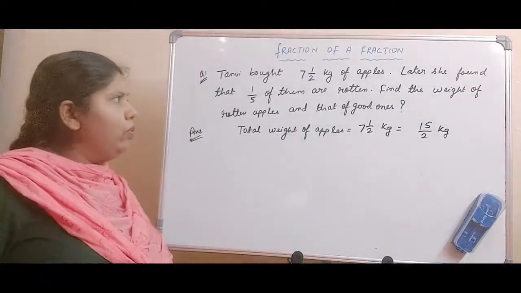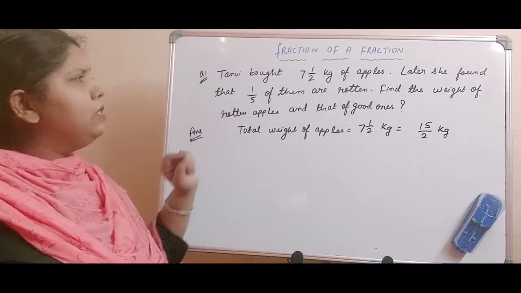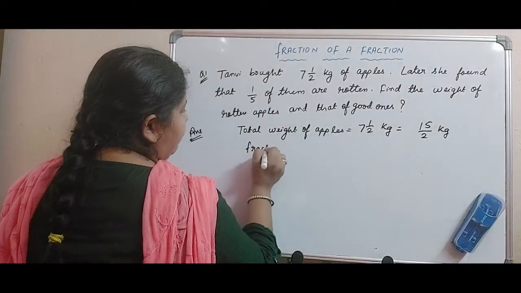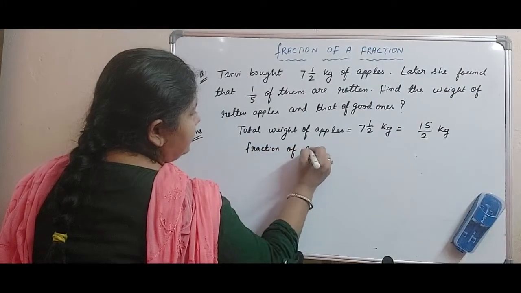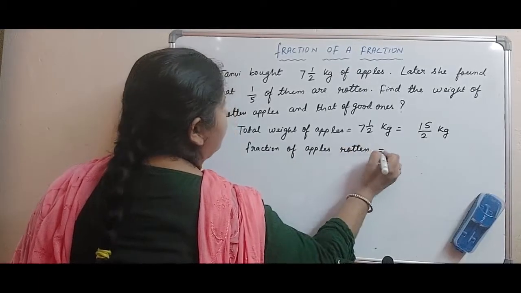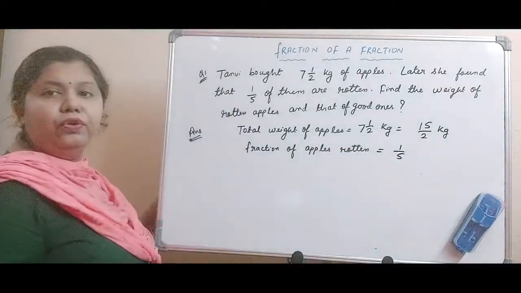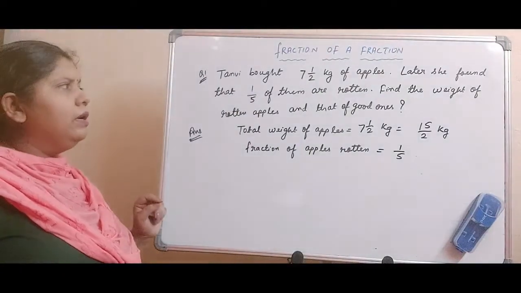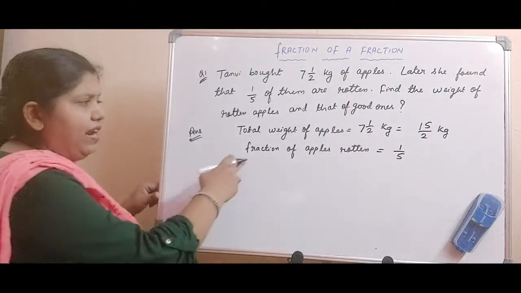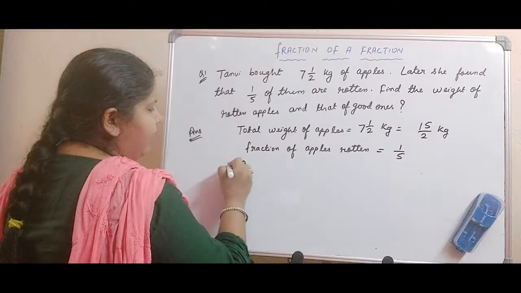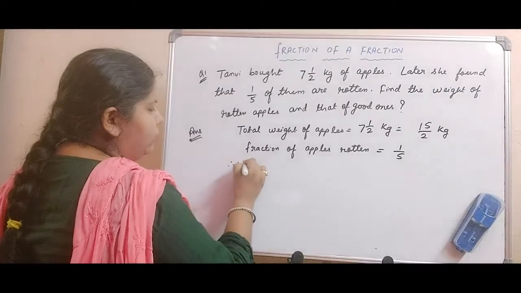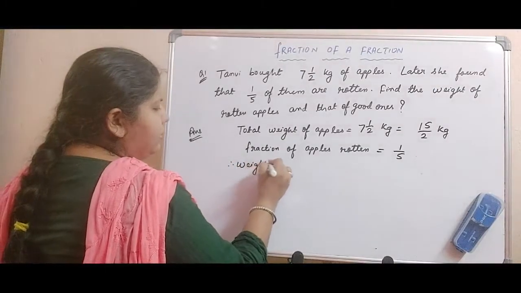Now what you have to do? You have to find how many apples are rotten. So fraction of apples rotten equal to 1 by 5. This is already given to you. Now what you have to find is the amount of apple, or you can say weight, that is rotten. You have already used weight, so here also you use weight.